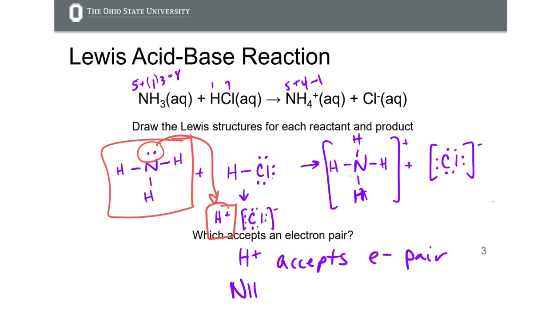And so the NH3 donates. And so we could probably have guessed that our H plus was going to be the acid, and that the ammonia, maybe you know that this is a base. Okay. It's a weak base.